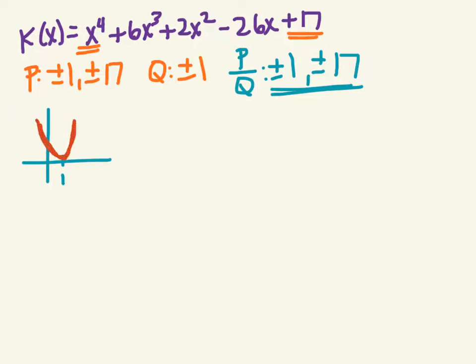Then you have the rest of the graph going on around it, but that touching of the x-axis is really important. What that means is that root has a multiplicity of 2, so you can think of it as a double root, which means you have to use the number 1 twice in synthetic division.